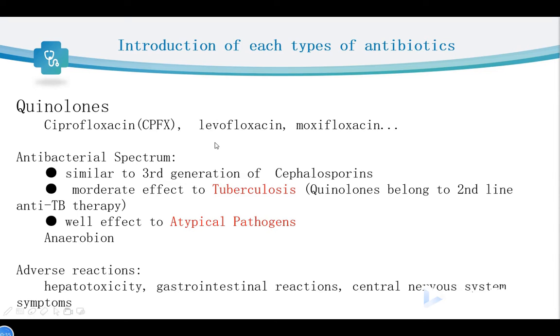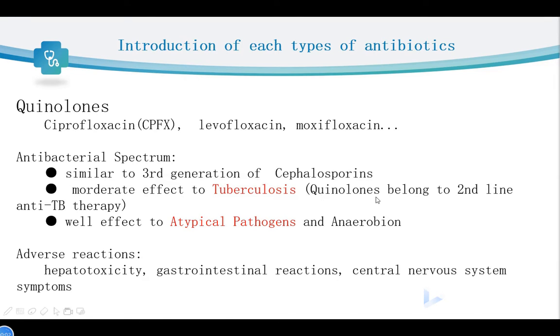So we usually choose the respiratory quinolones for infection in the lungs. The antibacterial spectrum and antibacterial effect of the quinolones is similar to the third generation of the cephalosporins.